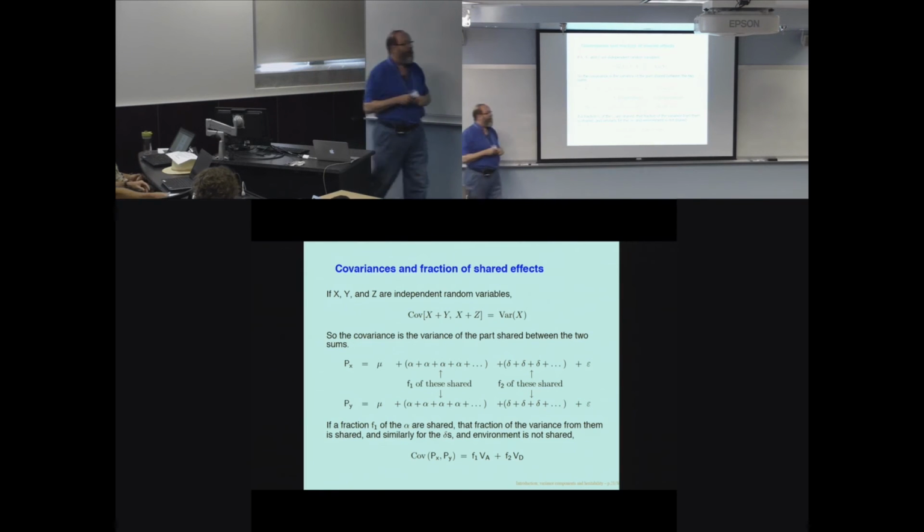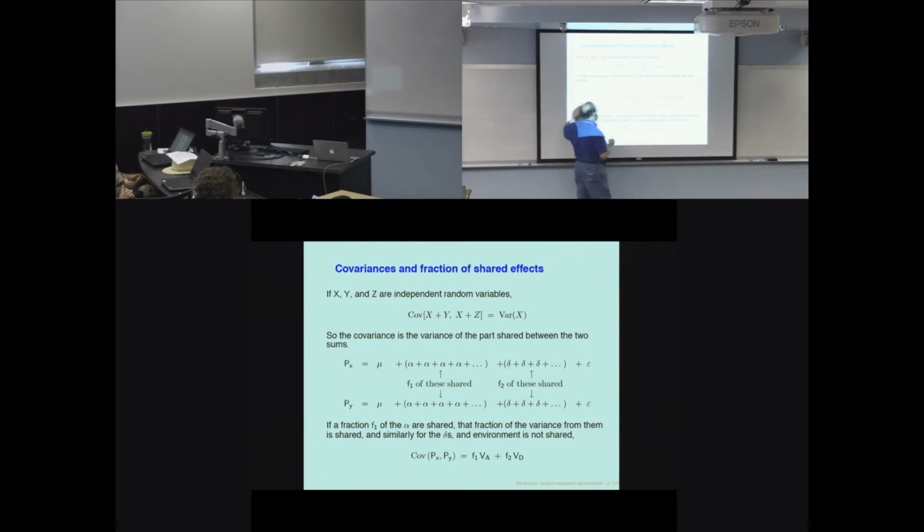But if these were, for example, two siblings, then what you can show is that 1/4 of the time, the deltas they contribute will be identical because you'll have exactly the same genotype at that locus as you do in the other sibling because of the descent of those genes from the immediate parents. So for any given relationship, you can calculate what F1 is and what F2 is.